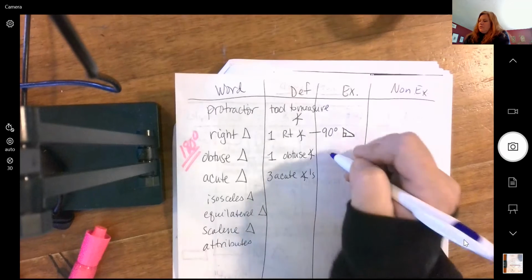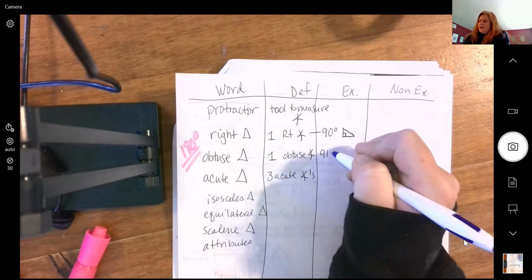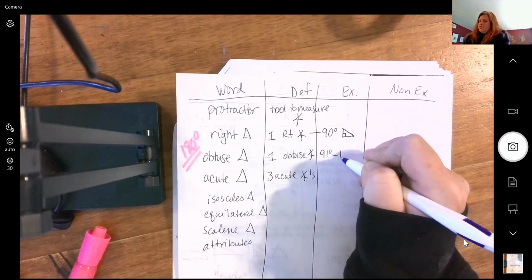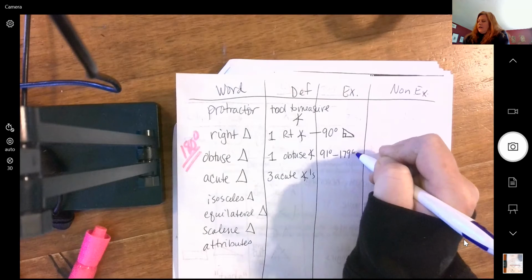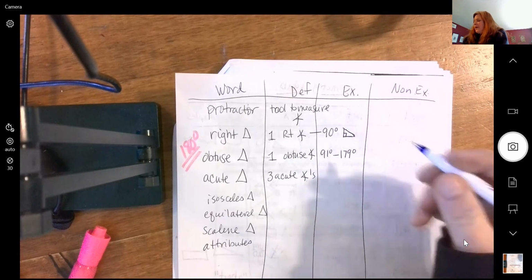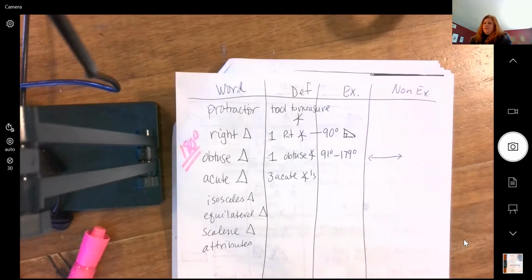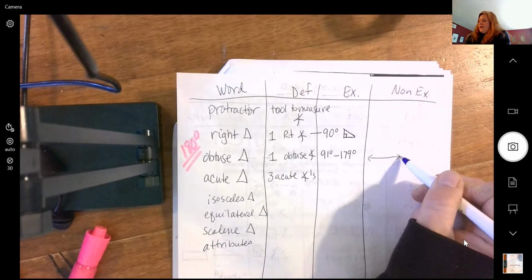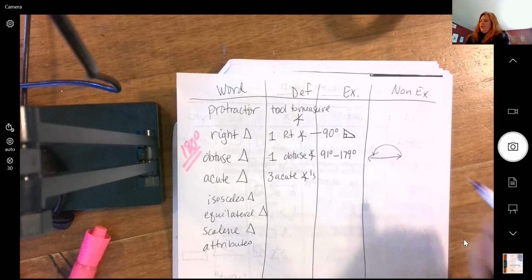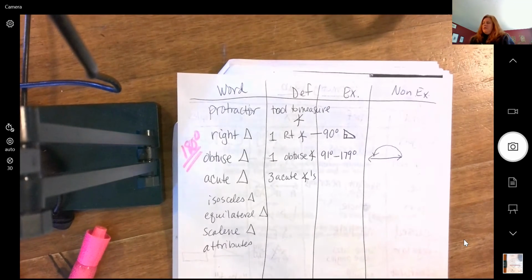An obtuse angle is 91 degrees to 179 degrees. It's not 180 because if an angle is 180 degrees, you're facing this way and you turn all the way around and now you're facing the other way. It's a flat line. So 180 degrees is a flat line and not an angle.